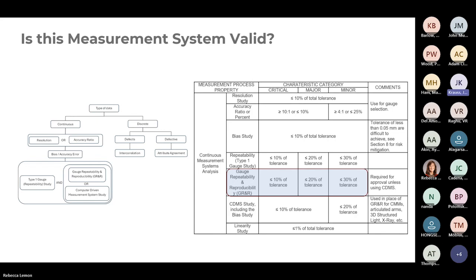And we've highlighted the Gage R&R row because I'll be using this in the next slides for some examples. And we're going to assume in the next slides that the characteristic is a minor, so less than 30% of the tolerance will be acceptable in that situation.